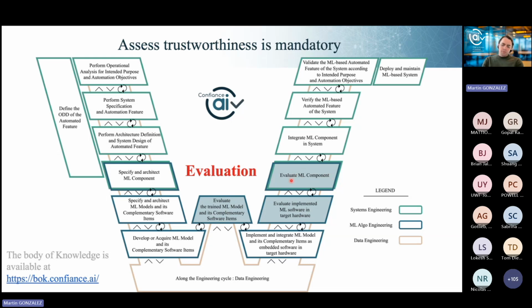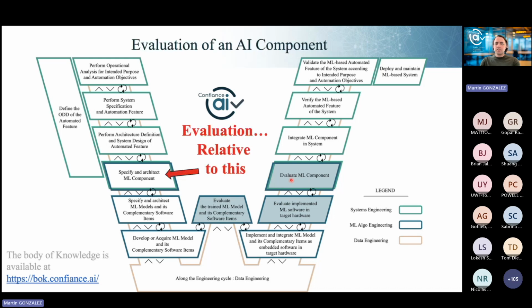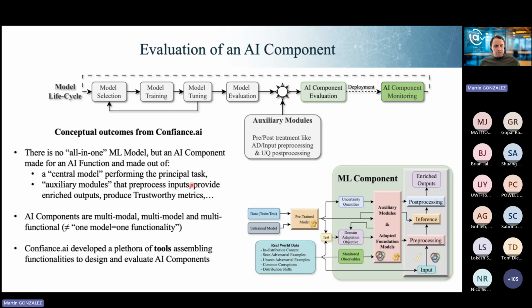I'm going to come to this in the last part of the talk. But first of all, I'd like to take a little time to make more specific what exactly we're evaluating, because all of this is an evaluation relative to what we have specified and architected for an ML component or AI component. So how does this work?